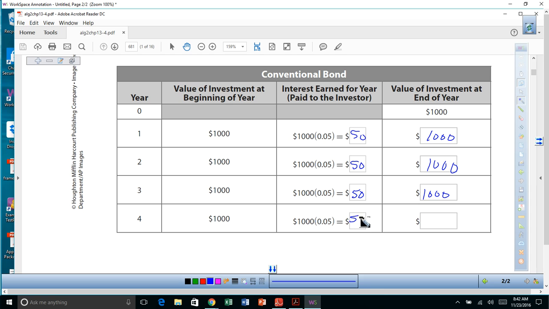Again, the interest is $50, and again, it is $1,000. And then they give you back your money, your $1,000. That's a conventional bond.